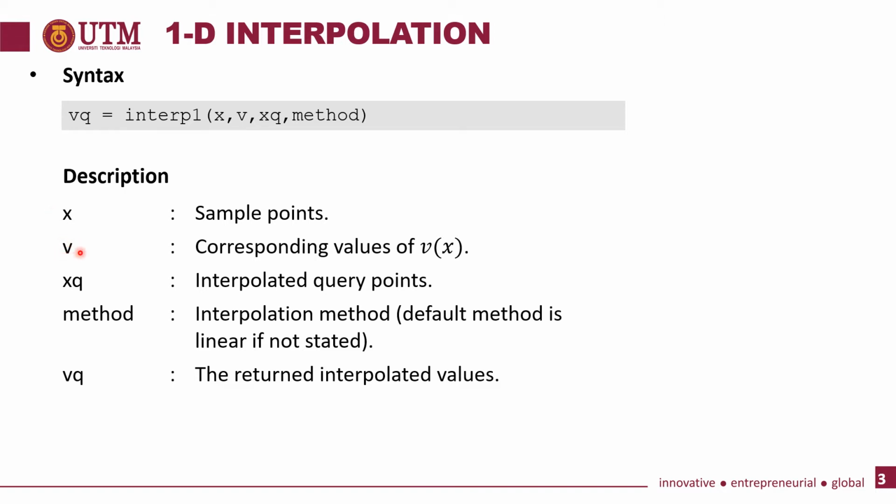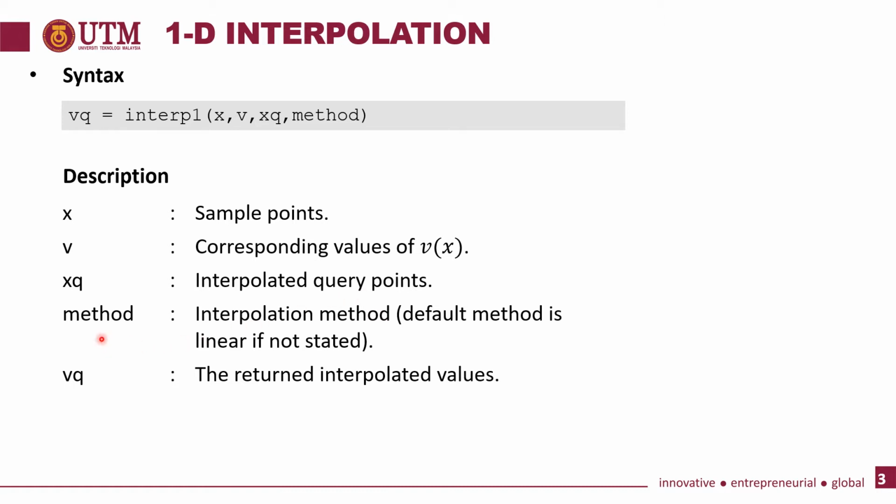V is the corresponding value of X, so V is the output value of X. XQ is the interpolated query points, so XQ represents the positions of the missing points. When you want to find the missing points, you must know where they are located. Later on, you can see the definitions of XQ, X and V.